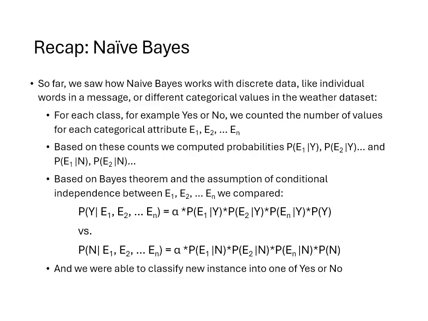Recently, we were studying classification using naive Bayes. We saw how to classify using a historic data set where all attributes are categorical. The data is discrete, like individual words in a message or different categorical values in the weather data set.